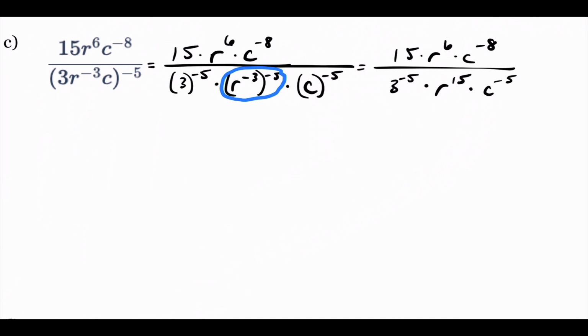Okay, parentheses are all done now. Move to negative exponents. Everything that has a negative, I'm going to circle and put an arrow with it.